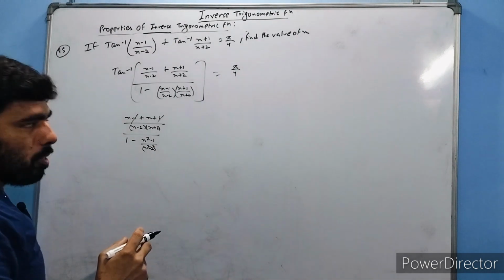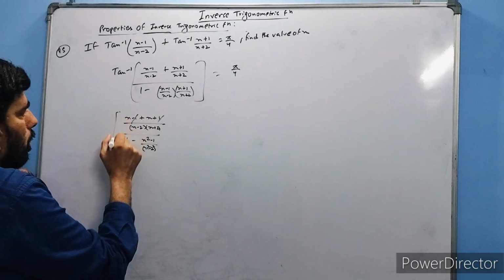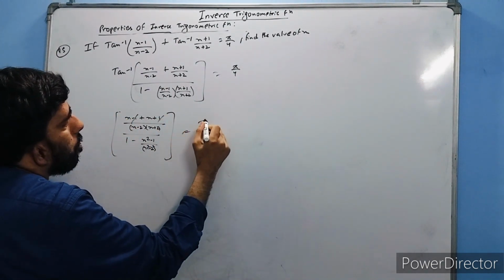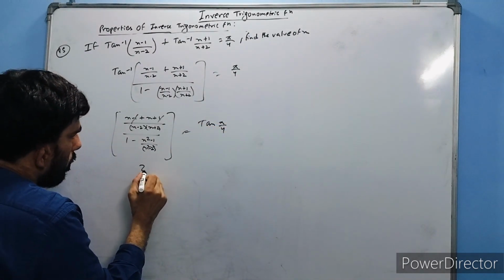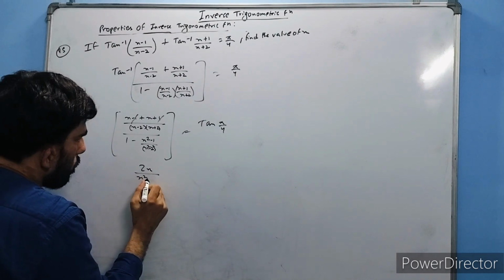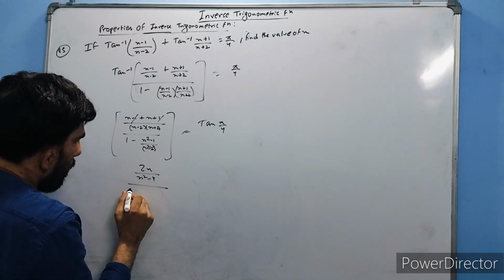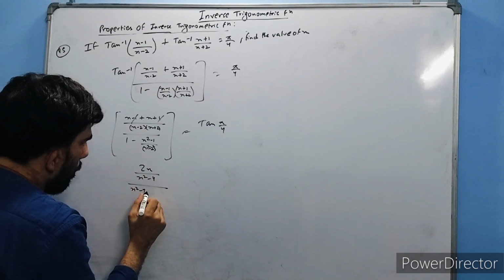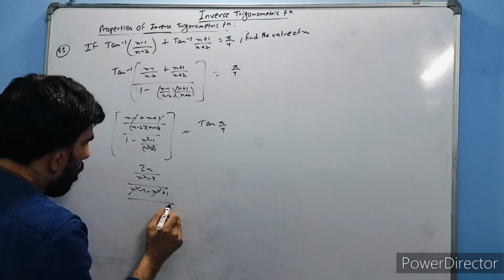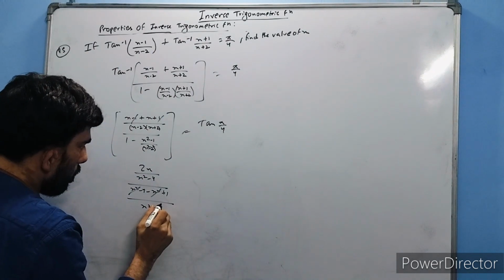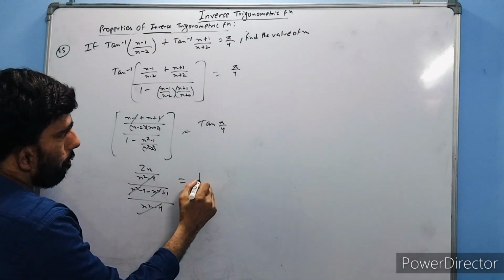A minus b into a plus b is a square minus b square. So the denominator is x square minus 4. It will be tan of pi by 4, which is 1. So we have 2x upon x square minus 4 over x square minus 4 minus x square plus 1 upon x square minus 4. So it will reduce, and tan 45 is 1.